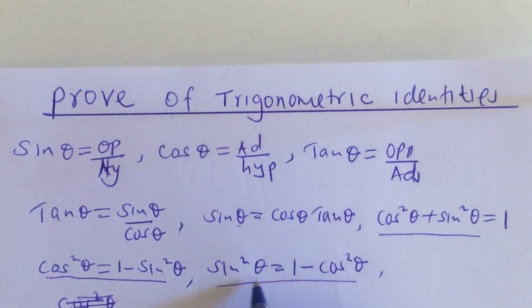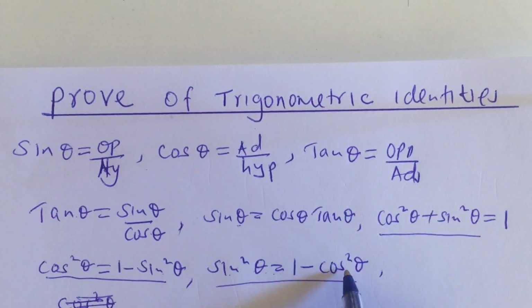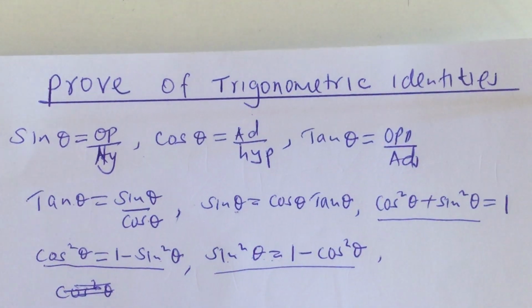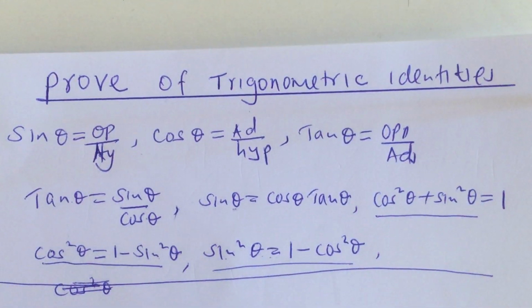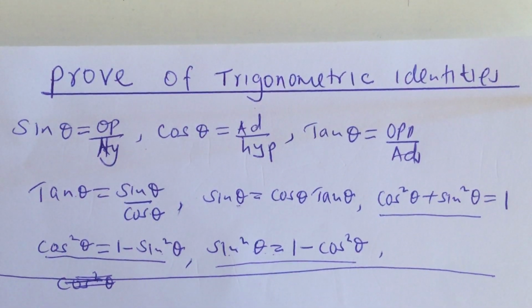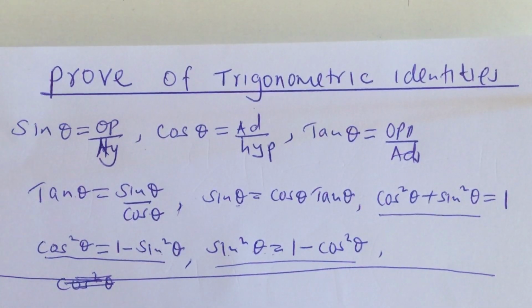At the same time, sine squared theta was coming to 1 minus cos squared theta. Having known this recap, we can use them to try and prove some of the identities.